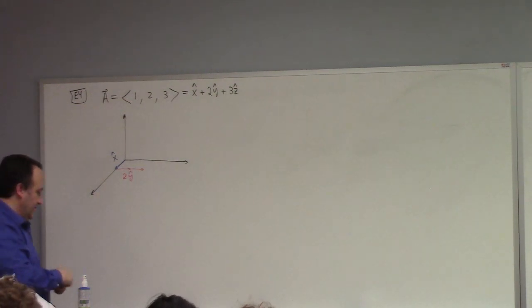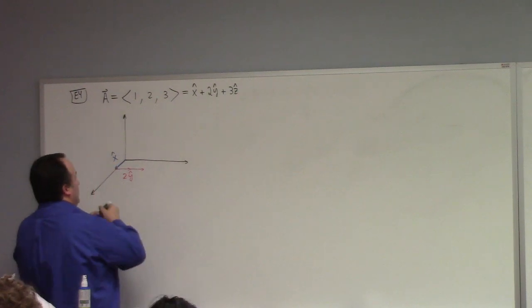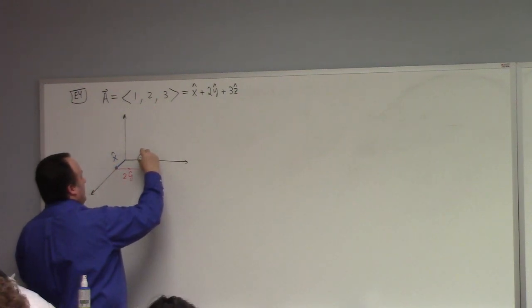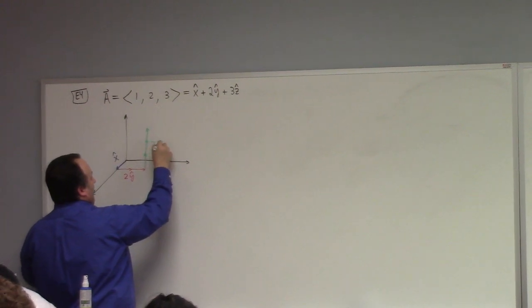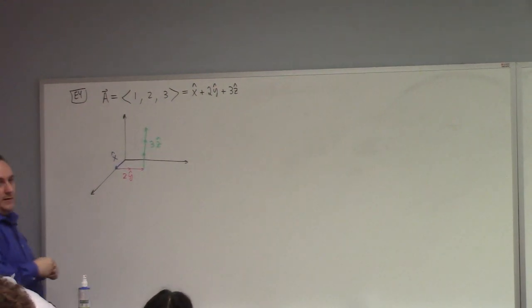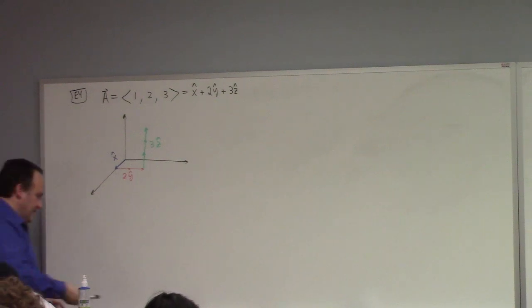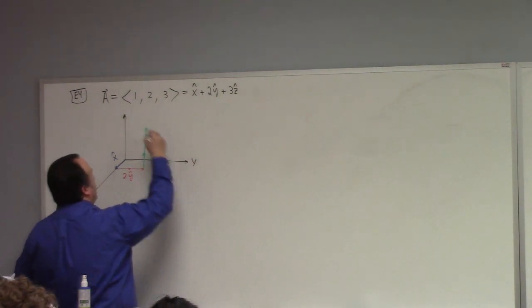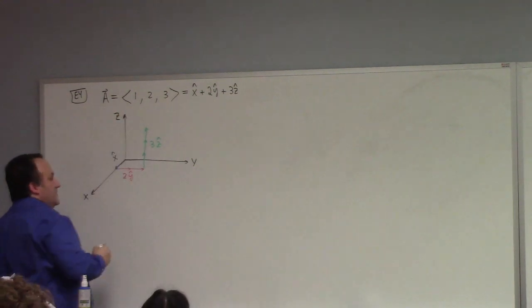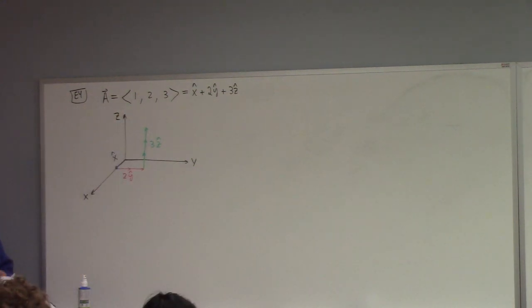And then I go 3 z hats like so. Now these are vectors of length 1, all right? In this context, the way I draw this picture, and this is the usual thing from like Calc 3 or whatever, there's other ways you could label the axes. This is just my default XYZ three-dimensional perspective picture.